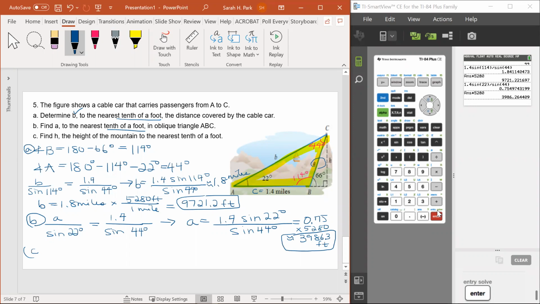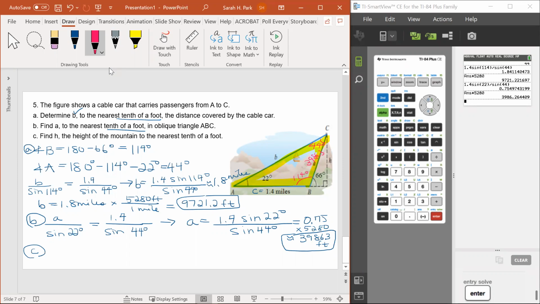Now for C, it says find H to the nearest tenth of a foot again. So for C, we now know A is, let's label this, A is 3,986.3 feet. And so we can use our knowledge of right triangles now, going back to the basics.